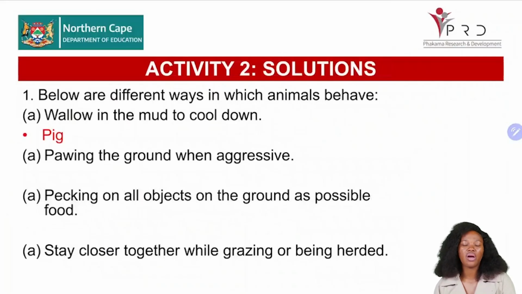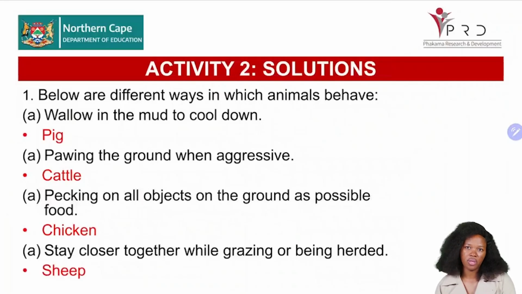Ploughing the ground when aggressive, there will be cattle. Pecking on all objects on the ground as possible food, there will be chickens. Stay closer together while grazing or being herded, and that will be sheep. So these are different behaviors that are shown by animals in different ways under different circumstances.